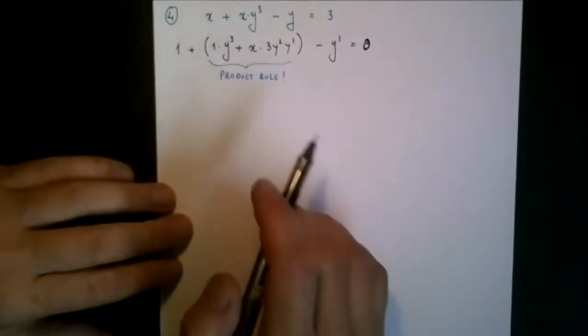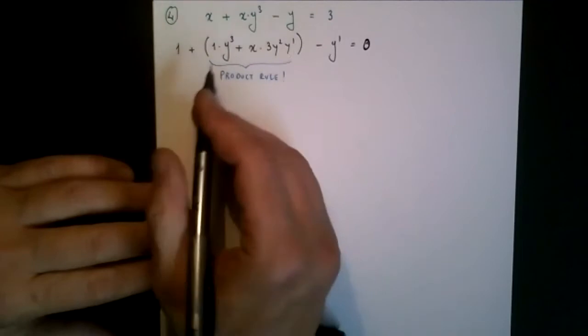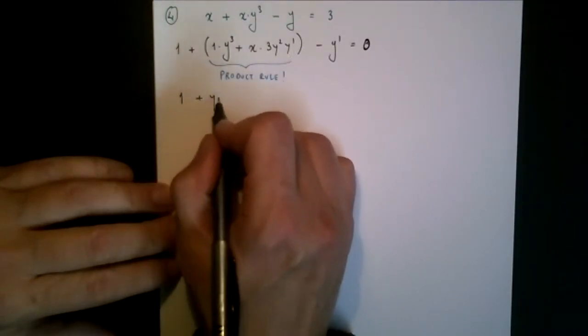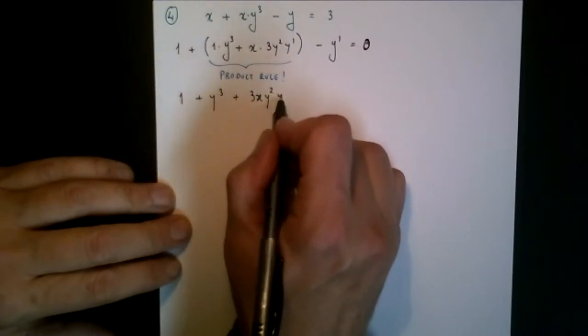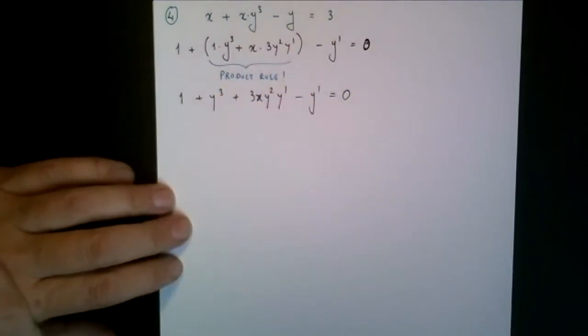And now at this point, it's just algebra. The idea is to factor out the y prime, and that's it. So let's rearrange: 1 plus y cubed plus 3xy squared y prime minus y prime equals 0.